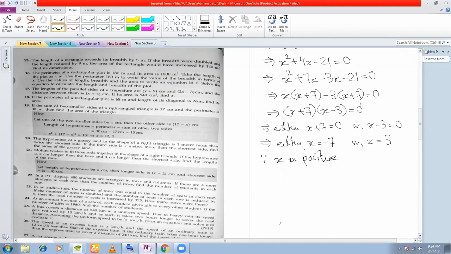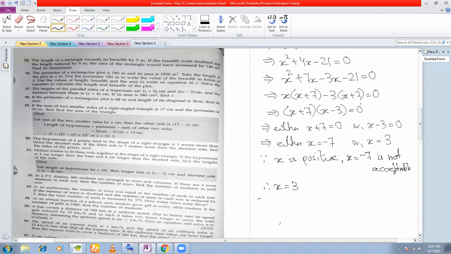But because they are talking simply about odd integers, when they take odd integers, we mean only positive integers. Since x is positive, x equal to -7 is not acceptable. Therefore, x must be equal to 3.